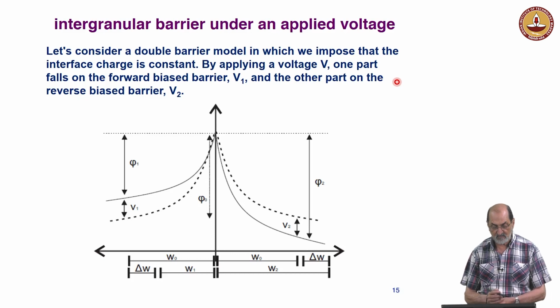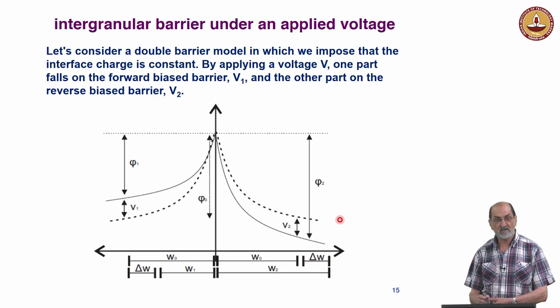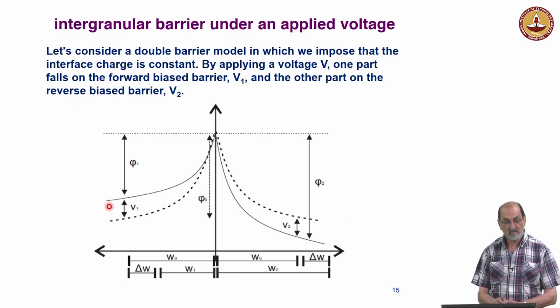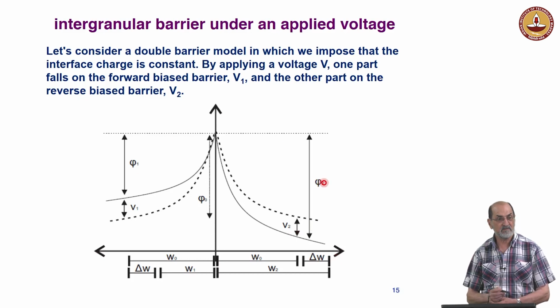In principle, we are applying the negative potential on the left and the positive potential on the right. We think that the bottom of the conduction band on the left goes up and the other goes down, and that facilitates the current over the barrier. But exactly how things work, people do not agree.